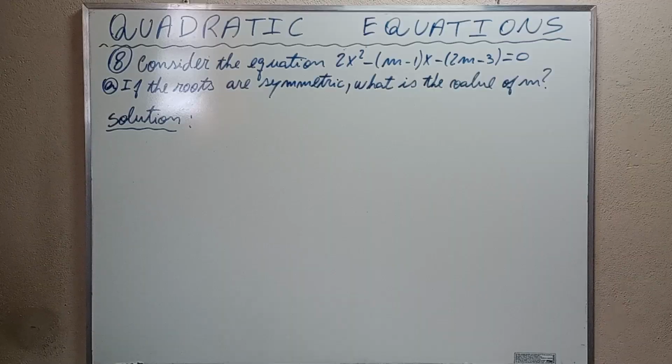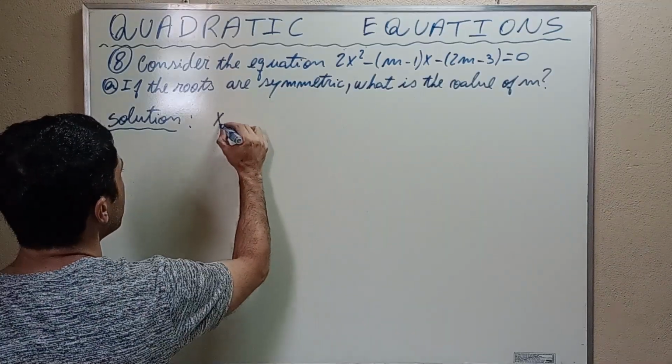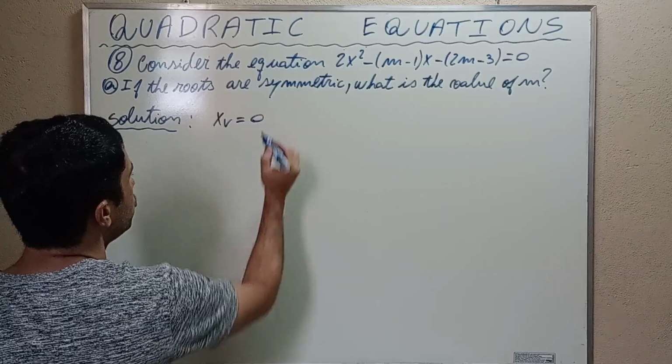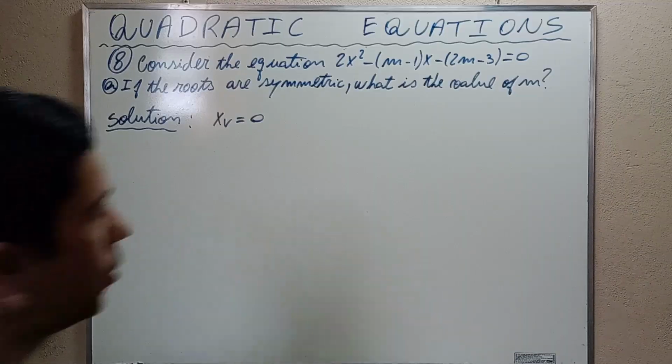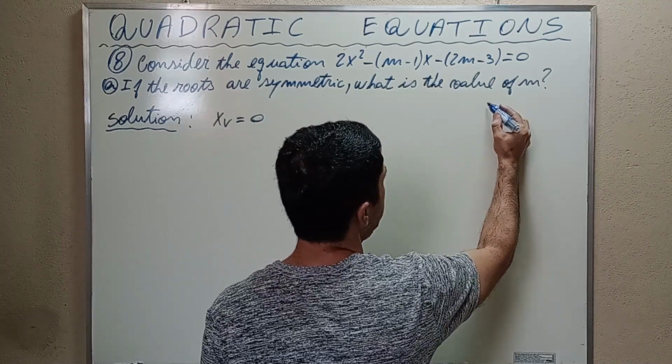The roots are symmetric when xv is equal to 0. If the roots are symmetric, xv is equal to 0, in which xv is the x-coordinate of the vertex of the parabola. Okay? We've got a parabola here.